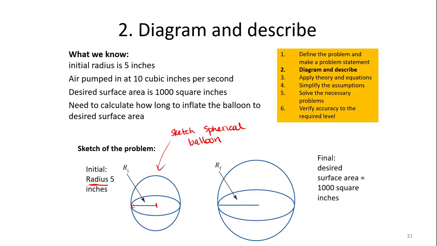Our radius is 5 inches initially. We are able to pump air into this balloon at 10 cubic inches per second. And we want the final surface area to be 1,000 square inches. So notice we don't know the final radius of the balloon, at least not yet. But we do know the final desired surface area.